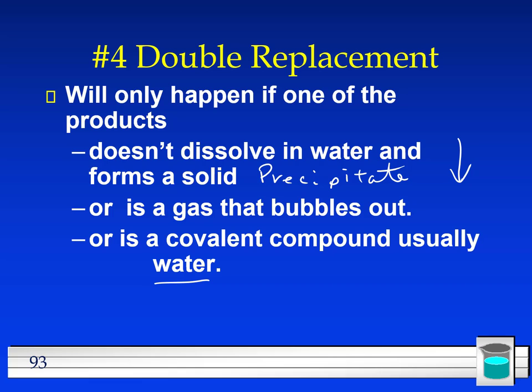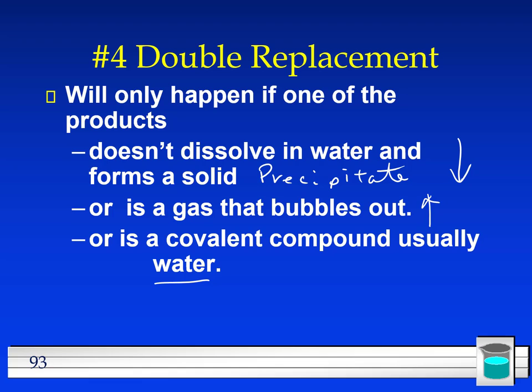Look for water. That gas that bubbles out is why we can put an up arrow on the product side. Because you make a gas in an aqueous solution, the bubbles are going to leave.